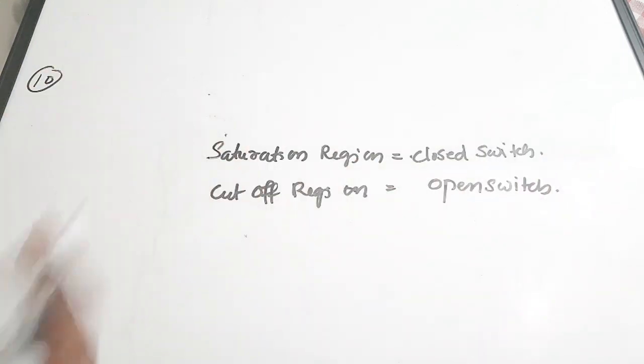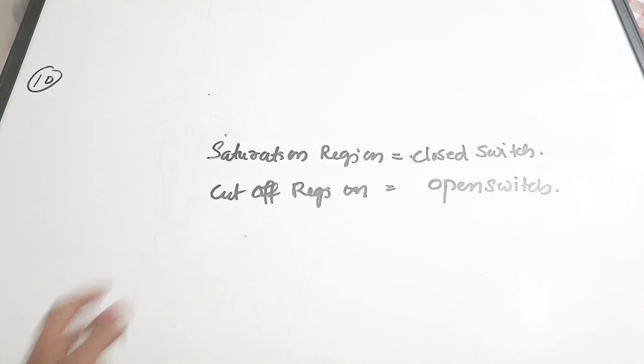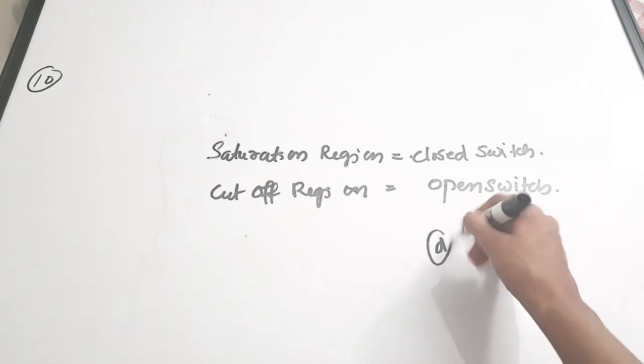So in order to close and open the switch, we have to shift between these two regions. In the saturation region, it acts as a closed switch, and in the cutoff region, it acts as an open switch. These two things are very important, because transistor as a switch is a major topic. So for the tenth question, the correct answer is option D, which is saturation region.